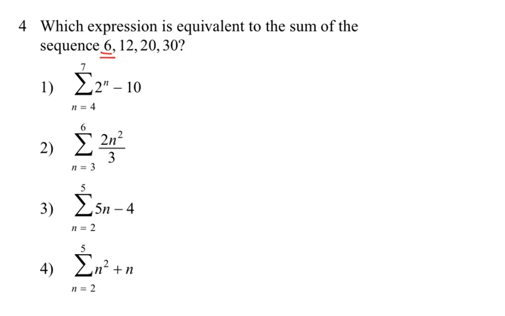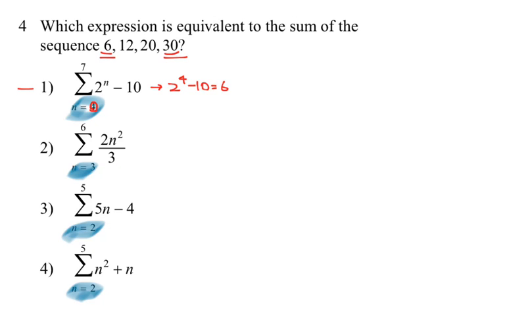Now, in this case, which expression is equivalent to the sum of the sequence? Yes, you can derive the sequence if you want to, but the easiest thing we can do is this. You see the first value was 6. Then, we have to get 6 when I plug in each of these initial values. So when I plug in 4, will I end up getting the value that I'm looking for?